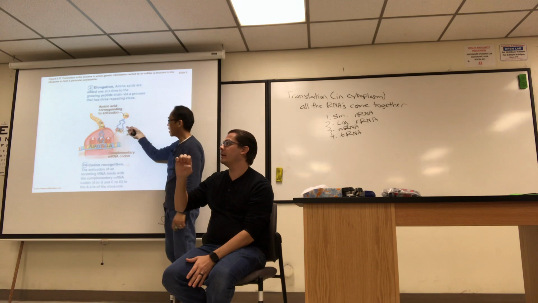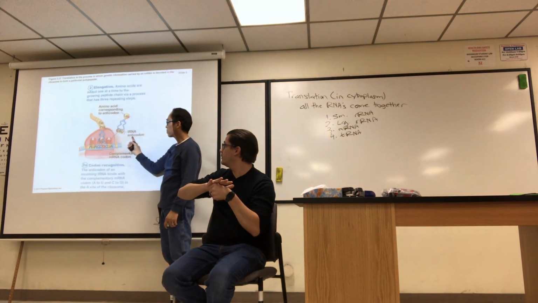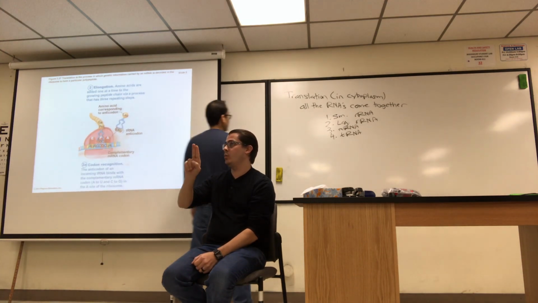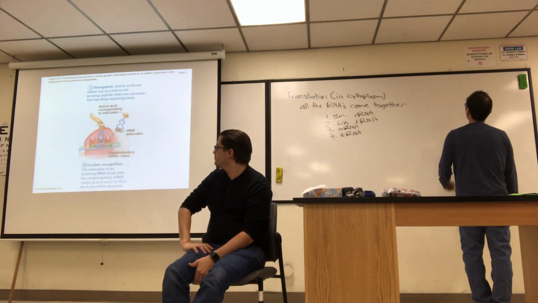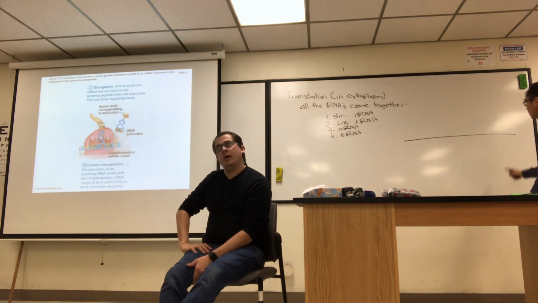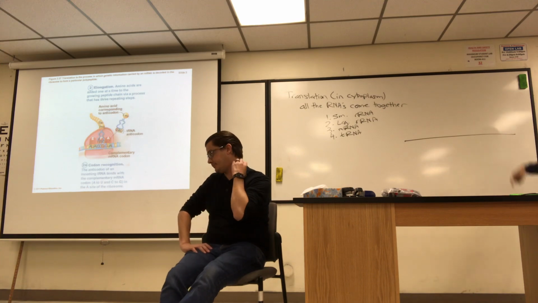The next one coming into the A site is the tRNA carrying leucine, LEU. So what they show you here, my line on the board, is their mRNA, okay?